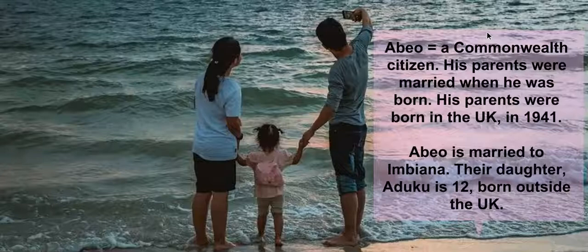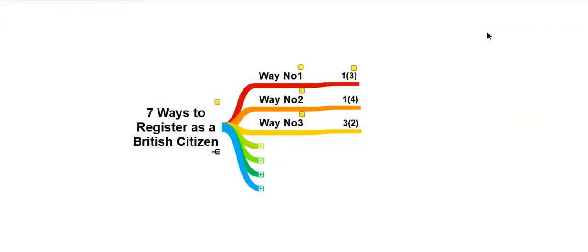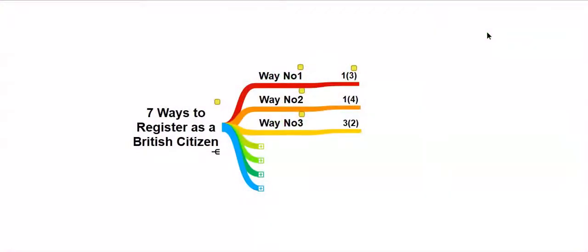The answer is yes, if she meets the requirements of Section 3.2. So again, this is an entitlement section. If the child meets all the requirements, then they will be entitled to register as British citizens. This particular section allows someone to register if they have grandparents living here in the UK or those who lived here in the UK.